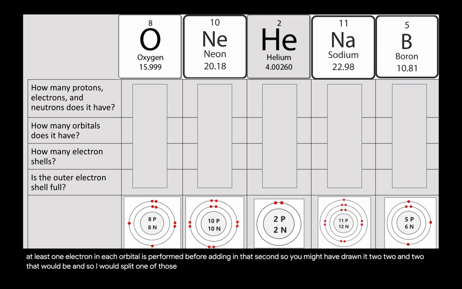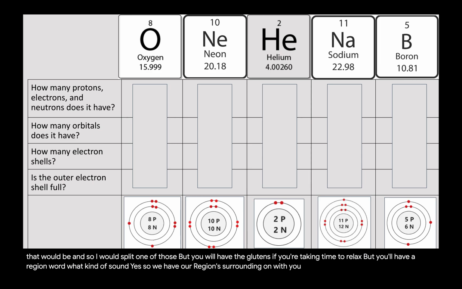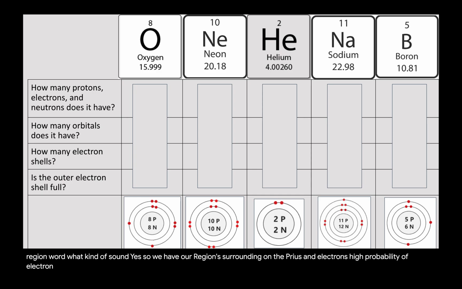Now, it's not all nice and neat like this, but you will have regions. If you're taking chemistry, like the S arrangement or the P arrangement, you'll have regions where these electrons are found, and in these regions you can only have a max of 2. Does that make sense? So we have regions surrounding our nucleus where we can find electrons, a high probability of electrons being there.